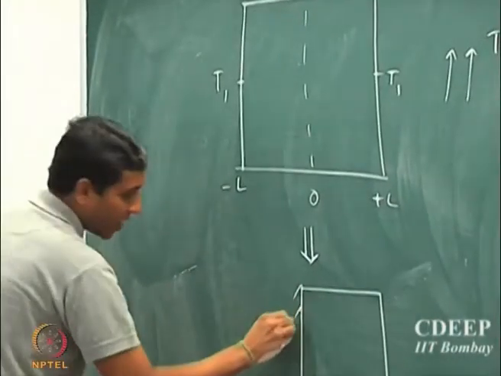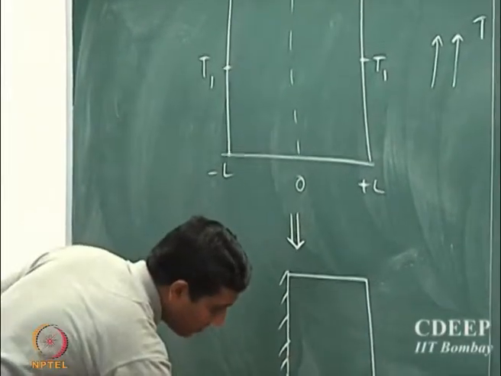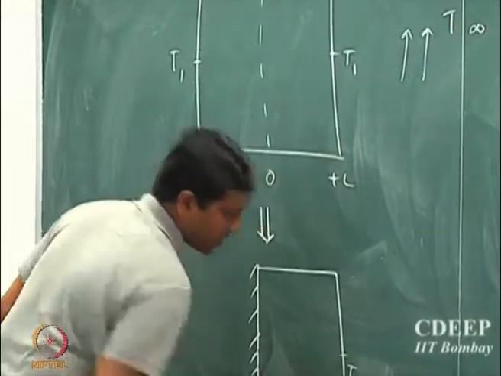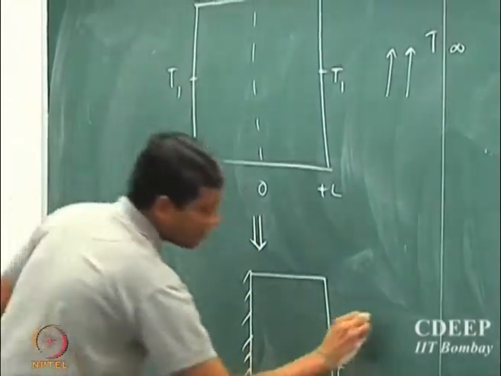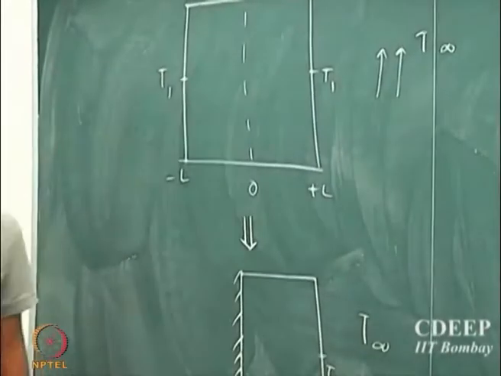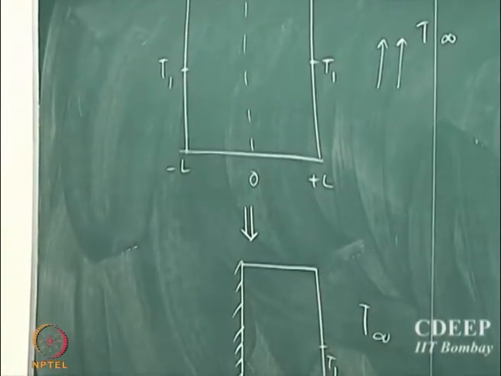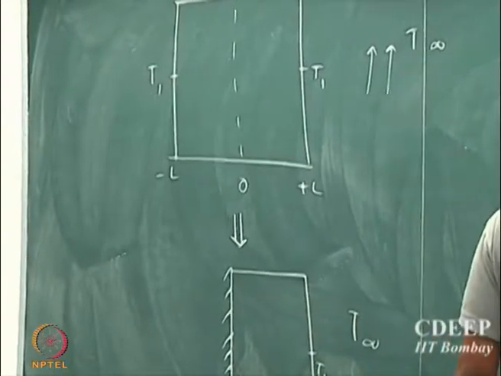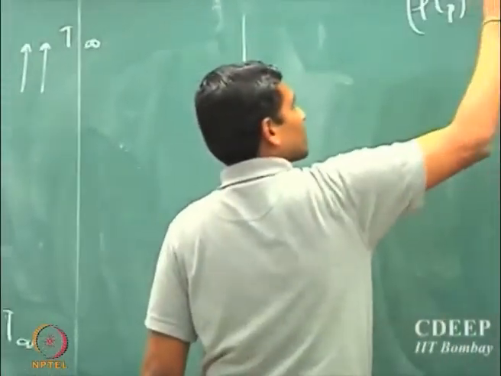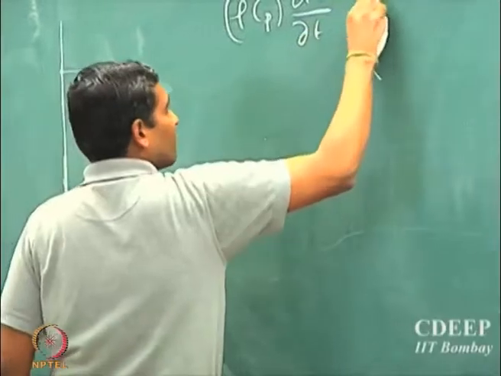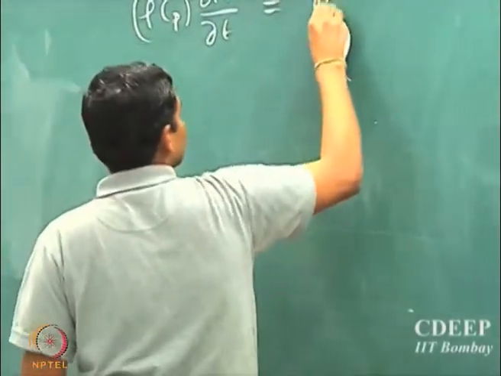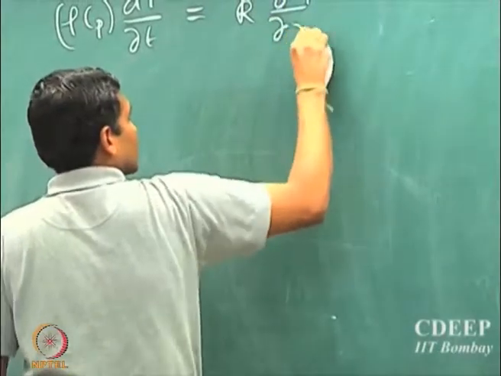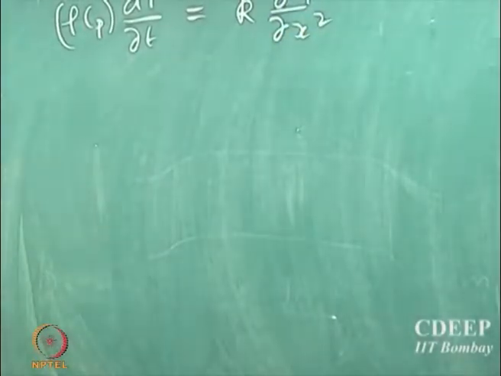With adiabatic conditions at one boundary, and the temperature here is T1, and T infinity is the temperature of the fluid flowing past it, and so we can write a model. There will be rho Cp dT by dt equal to k d2T by dx2. Note that it is a partial derivative now.